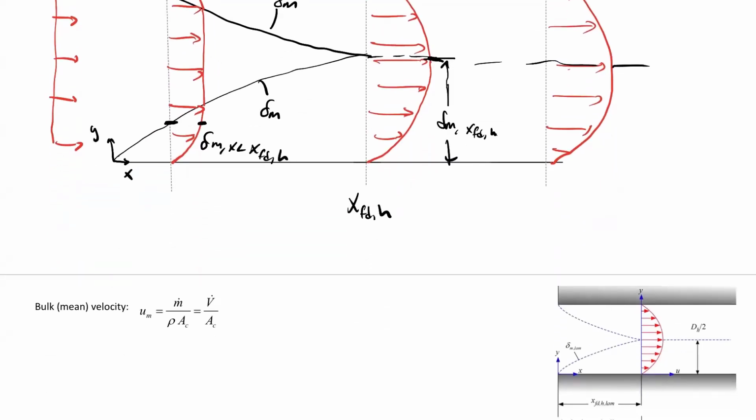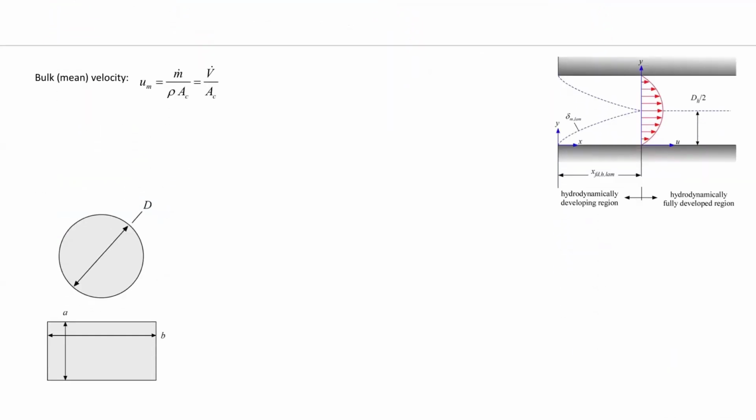So I mentioned you can conserve the average velocity. We can write out what that average velocity is. It's called the bulk velocity or the mean velocity. I've done that already for you. This is going to be U sub m. The mean velocity is the mass flow rate divided by density times the cross-sectional area.